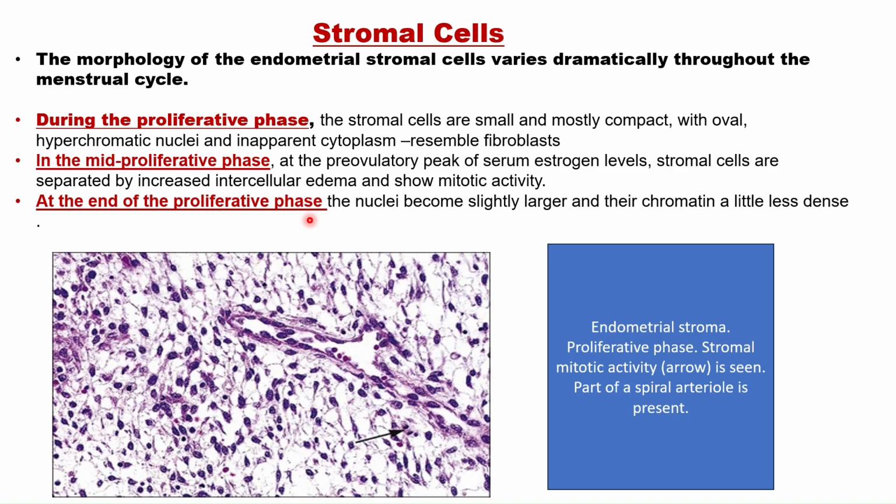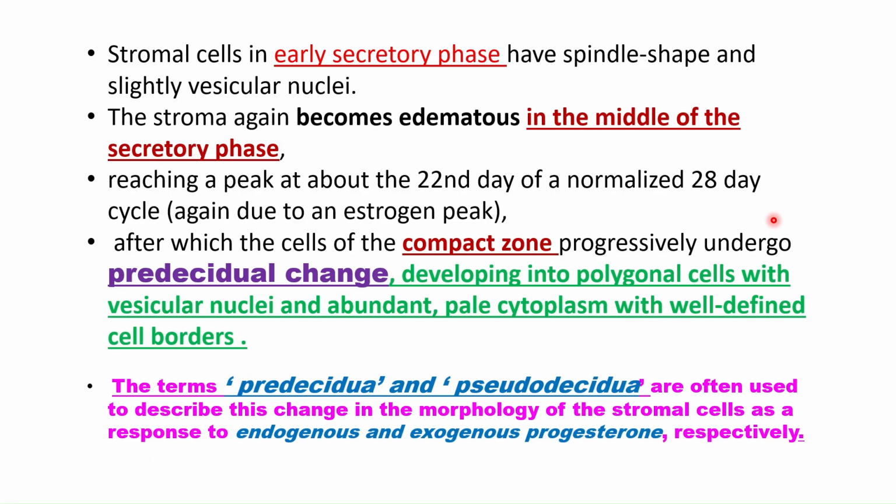At the end of the proliferative phase, the nuclei become slightly larger and their chromatin is a little less dense. Now, in early secretory phase, they have a spindle shape and slightly vesicular nuclei.